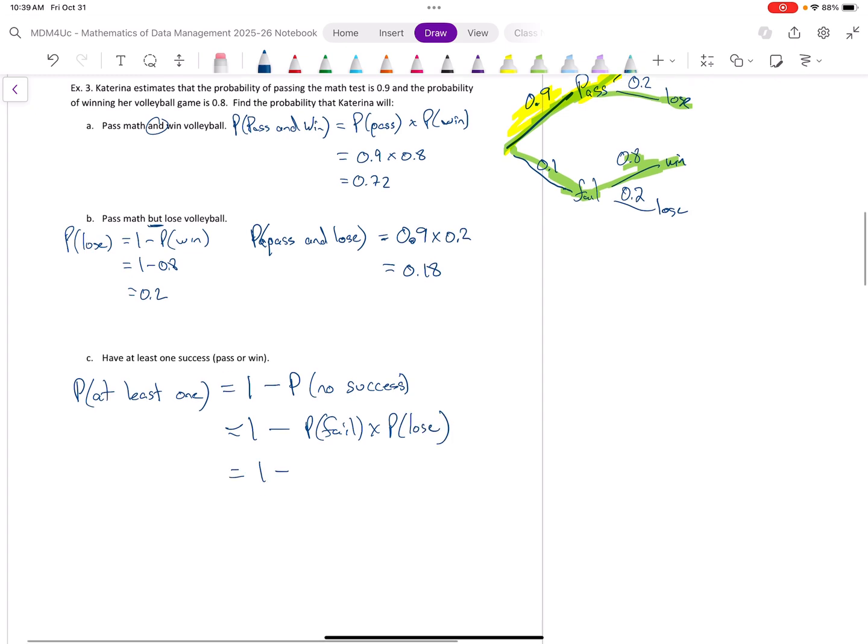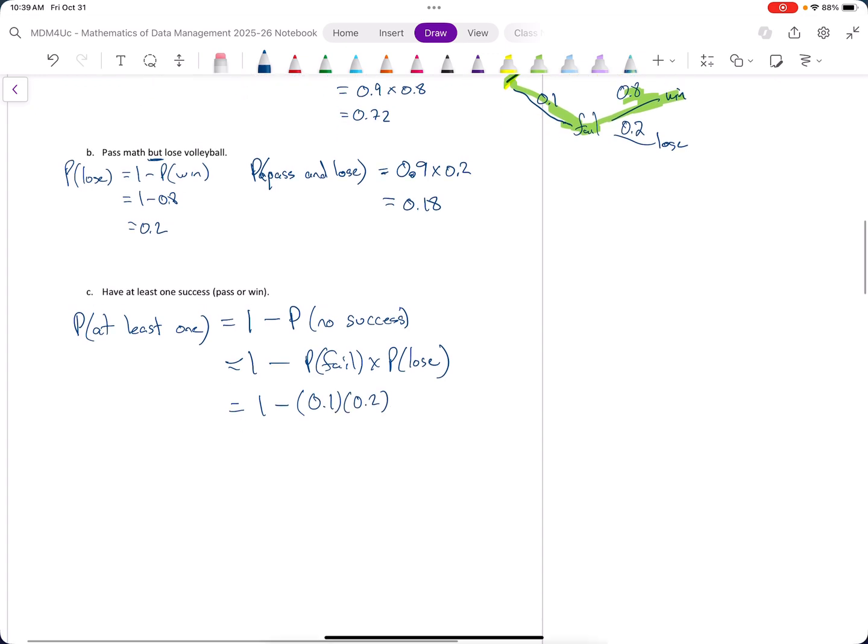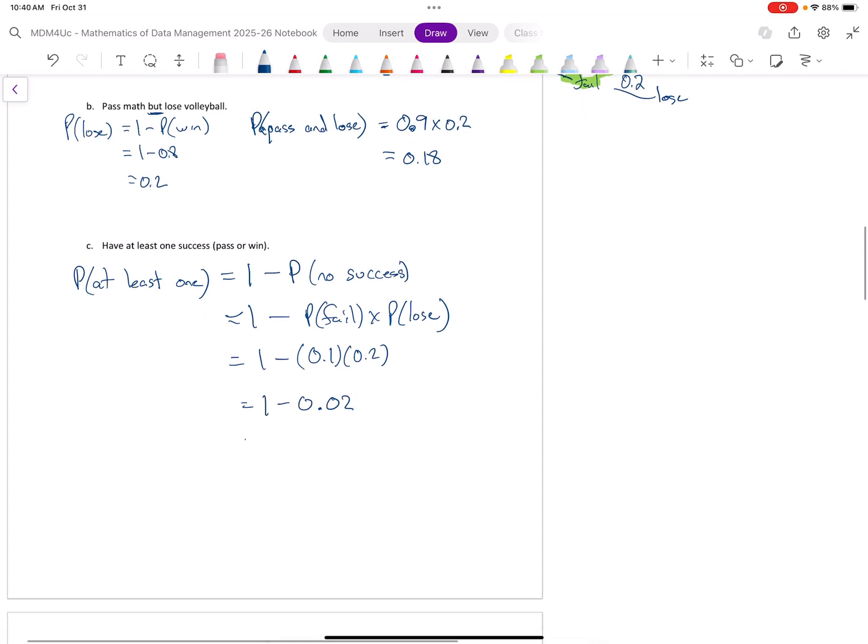So if I put that in, I've got 1 minus failing would be 0.1, losing is 0.2, and we get 1 minus 0.02. So that's a bit more efficient than taking the longer way, and I'll just pop this into our note here.